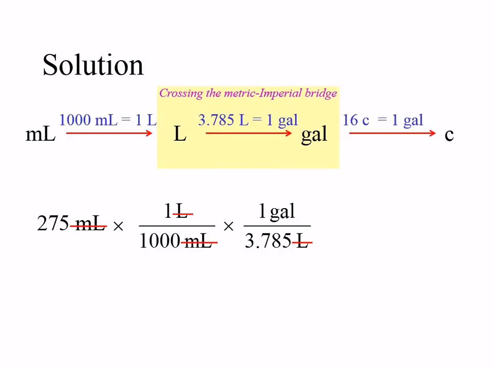Awesome. And then last but not least, I've got units of gallons. How do I finish off and get to cups with this last equivalency right here? 1 gallon on the bottom, 16 cups on top. Perfect. So unit-wise, we're left with the units we need.